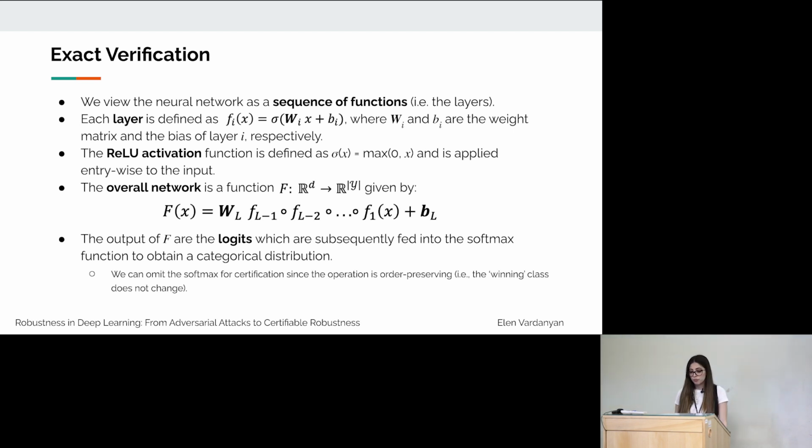And so the overall network will be this big F. And in the end, we get the logits. We don't really take the softmax here, since the order of softmax outputs is the same as pre-softmax outputs, and we only care about the winning class and the next one, so we don't really need to put it into softmax.